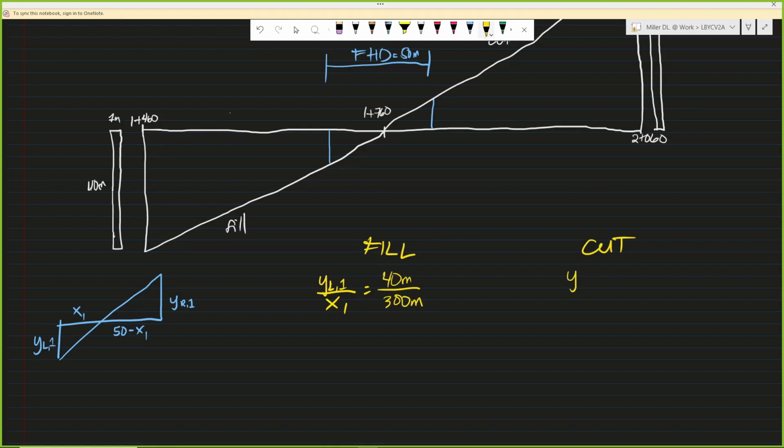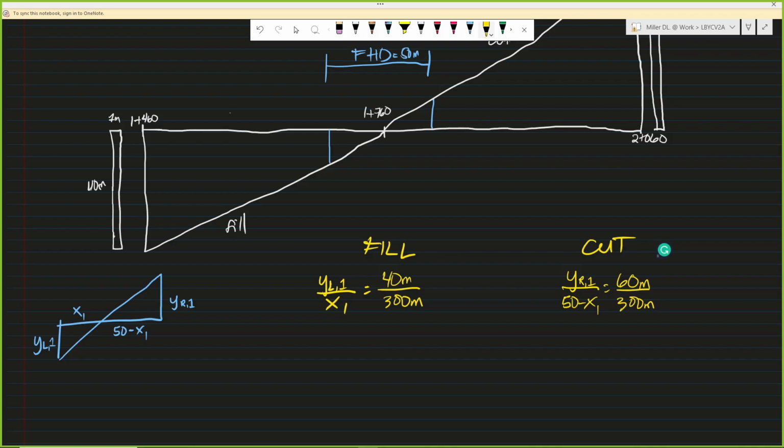So, ang cut natin is y sub R 1 over 50 minus x sub 1 is equal to, ito naman is 60 meters over 300 meters.